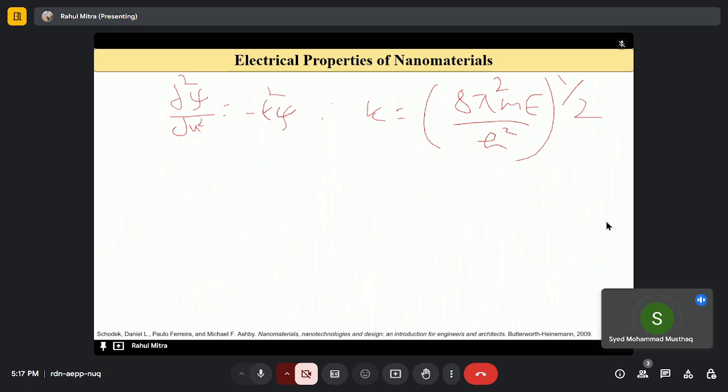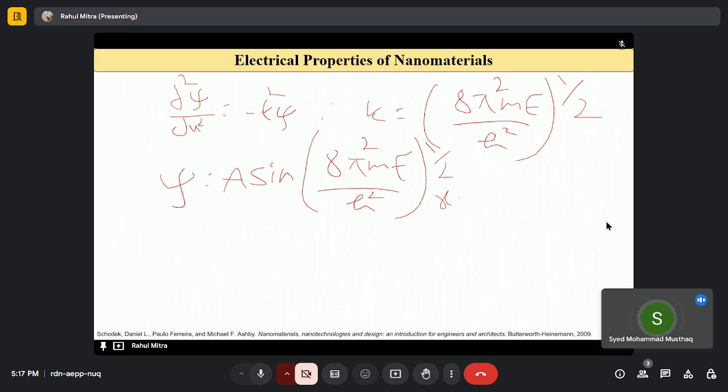So if we plug this k into our wave equation, psi will equal a sin of 8 pi square mE by h square, whole over 1 by 2, into x.